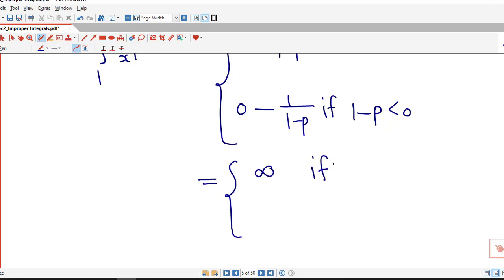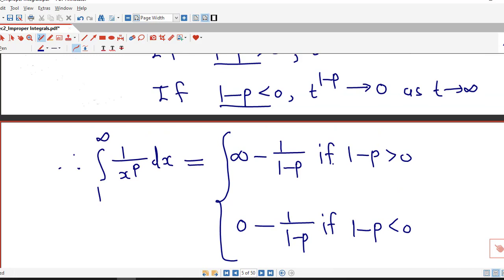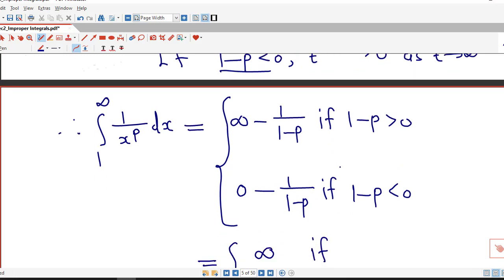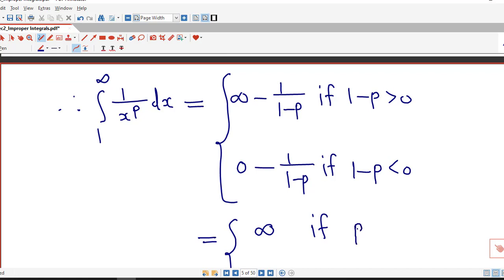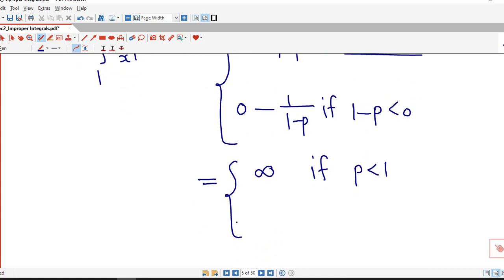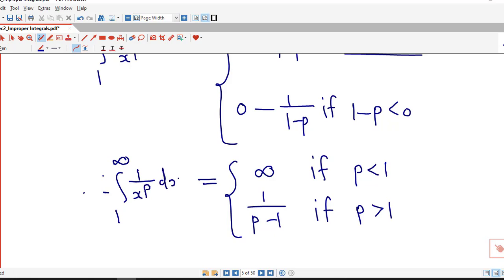1 minus p is positive implies p is less than 1, and in that case the value is infinite. 1 minus p is negative if p is greater than 1, and then the value is 1 over p minus 1. So we have obtained that this integral is convergent if p is greater than 1 and divergent if p is less than 1, because its value becomes infinite.